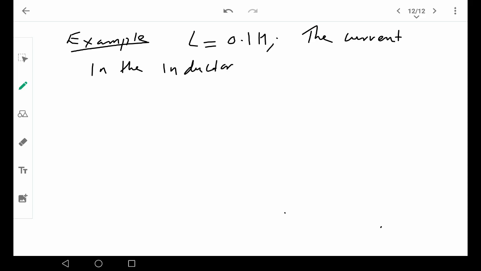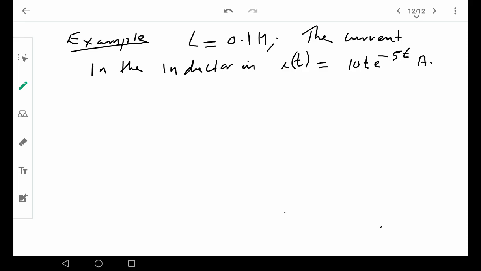Suppose you have an inductance of L equal to 0.1 Henry. The current in the inductor is i(t) equal to 10t e raised to minus 5t ampere.